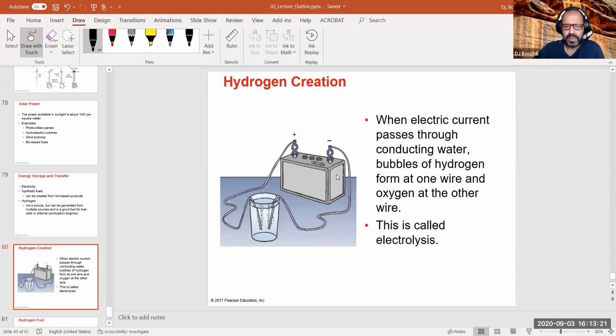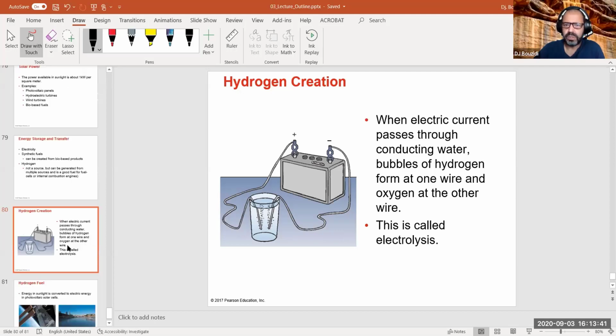This is basically the hydrogen creation. What you do in this case is you dissociate the water, H2O, and break it down into H2 and O2. When we did this experiment in high school, I remember the professor told us this is going to be very dangerous because we created hydrogen and it's highly explosive and we have to be very careful.